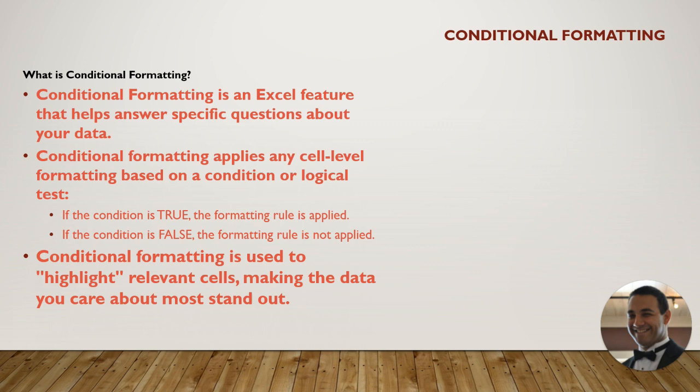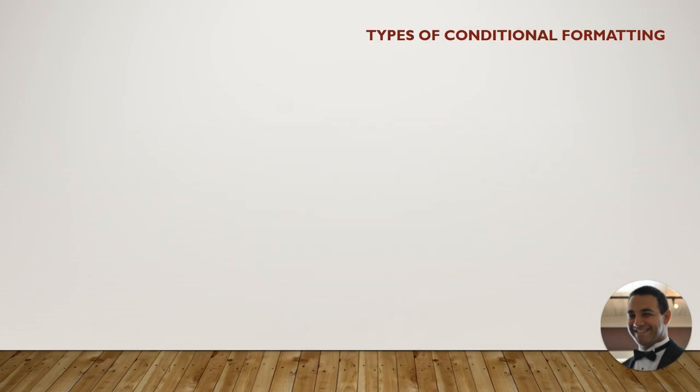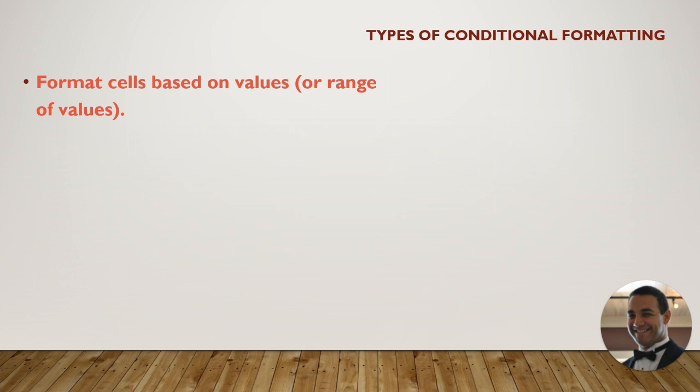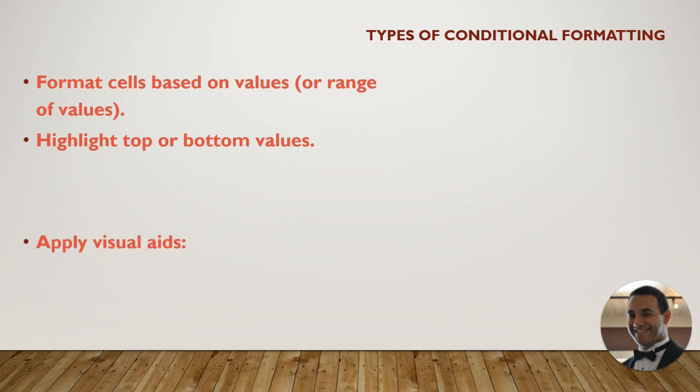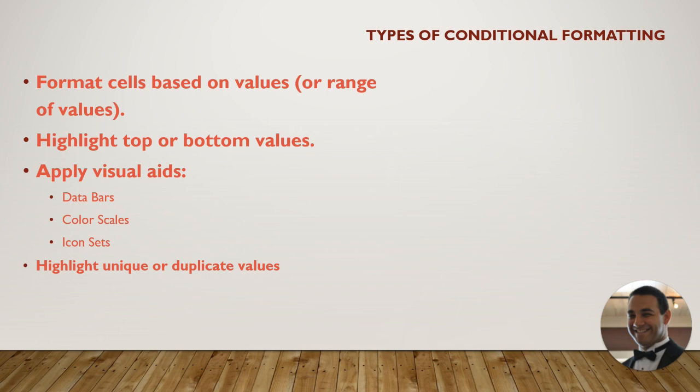Let's look at the different types of conditional formatting. We can format cells based on their values or a range of values. We can highlight top or bottom values. We can also apply visual aids, including data bars, color scales, or icon sets. We can highlight unique or duplicate values.